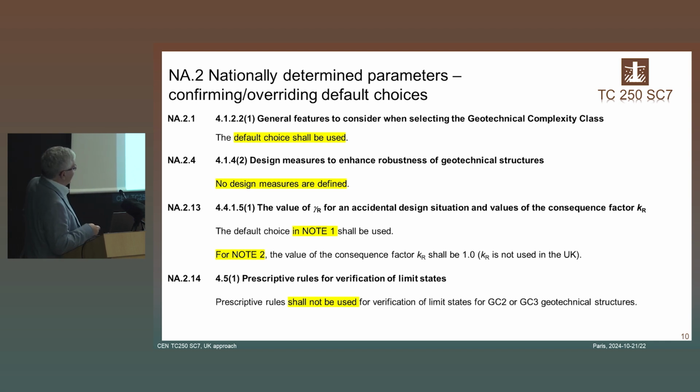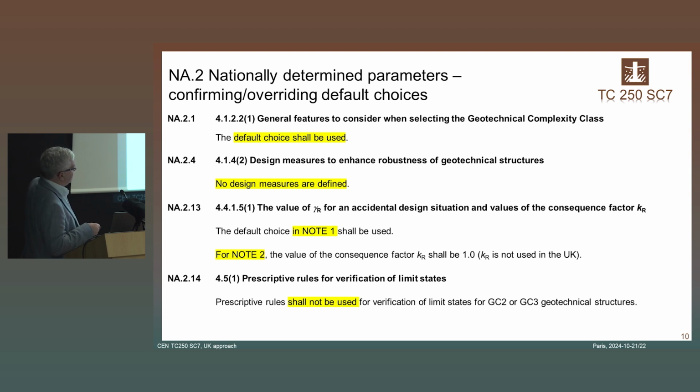So we've had to deal with that under the same heading number. The default choice in note 1 shall be used, and for note 2 the value of the consequence factor shall be 1, and then there's a little bit of explanation. KR is not used in the UK because by setting it to 1 it sort of disappears.